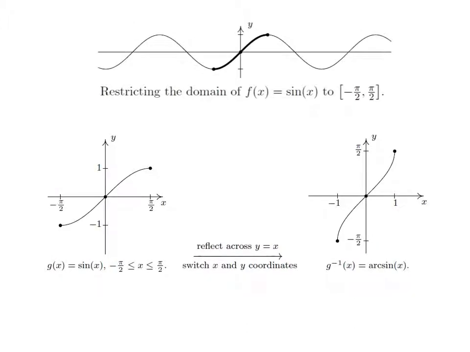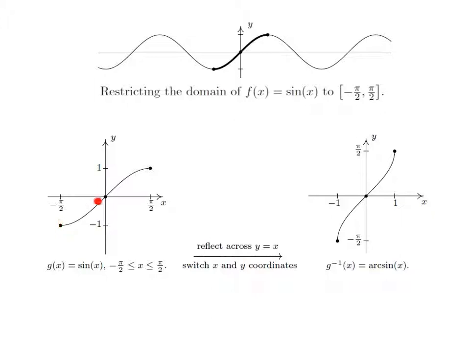For the arcsine function, we have to first restrict sine to be one-to-one. And this is the universally accepted piece, although we could choose other pieces. This is the one that they choose, so this is between -pi/2 and pi/2.